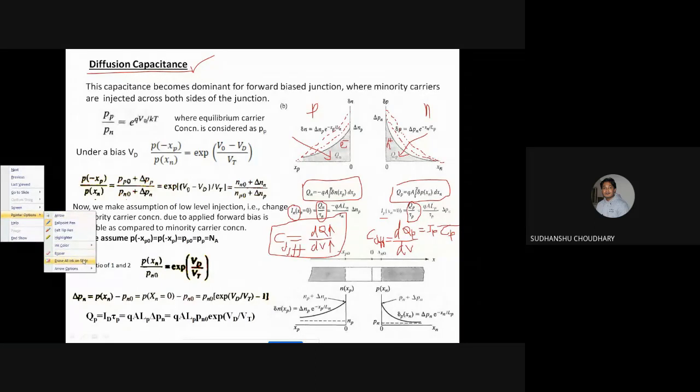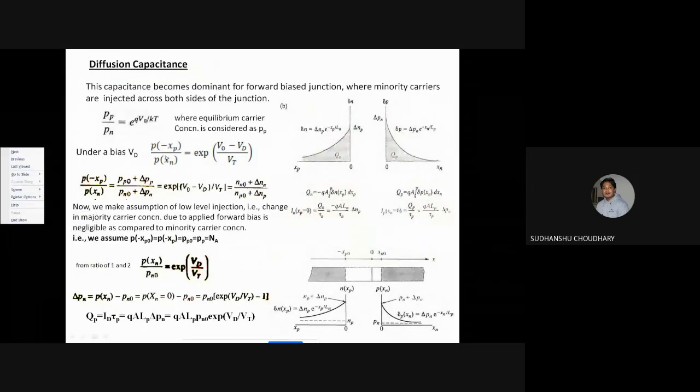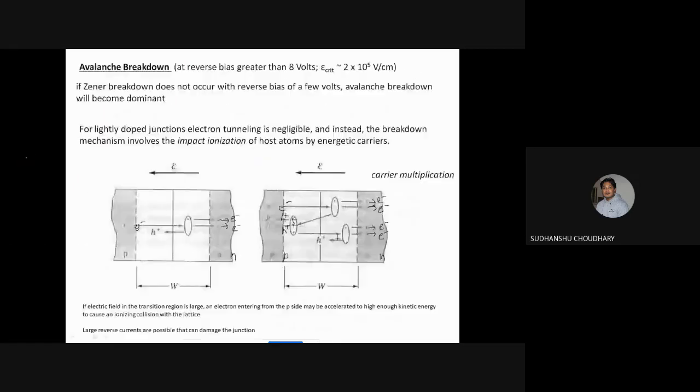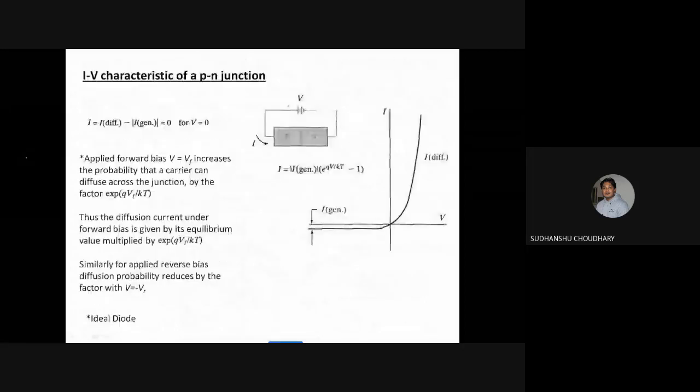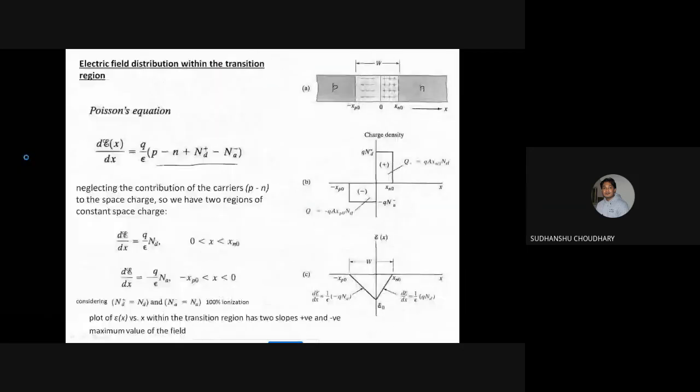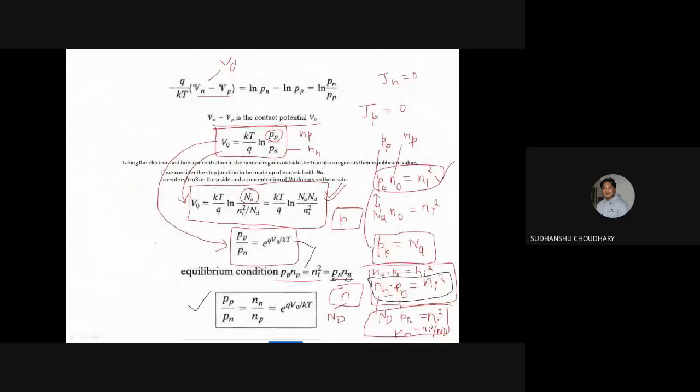Now let us try to find this diffusion capacitance. I'll erase everything. Before finding the diffusion capacitance, let us once again write this relation, which we had found some time back: PP by Pn is equal to Nn by Np, which is equal to e to the power QV naught by KT.